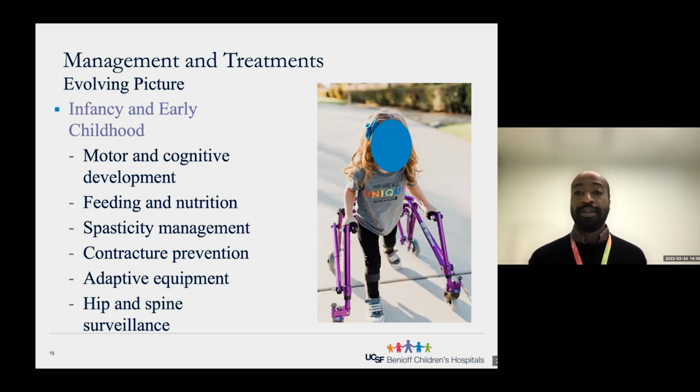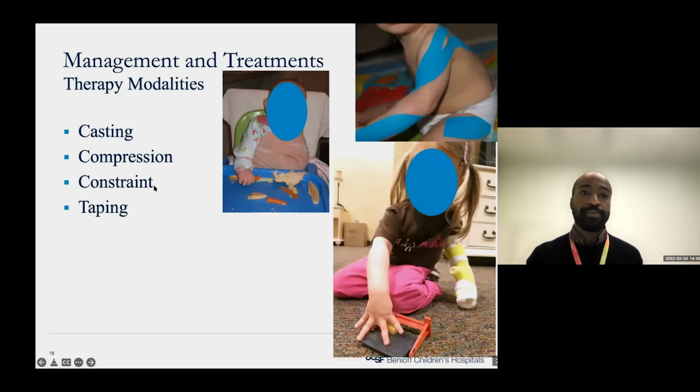Also spasticity management, contracture prevention, and musculoskeletal deformity prevention, which goes along with hip and spine screening, which Dr. Livingston spoke a bit about, and then adaptive equipment to support a child into their next steps of developmental skills.